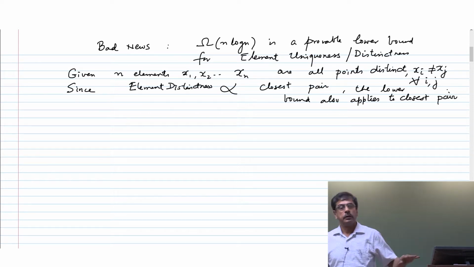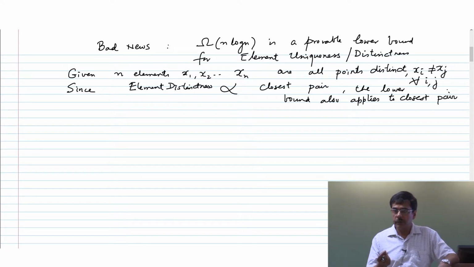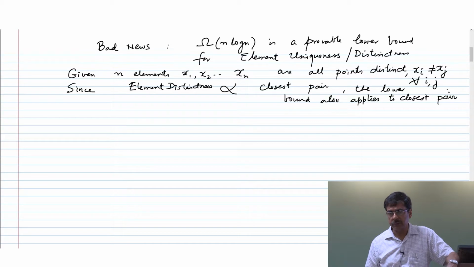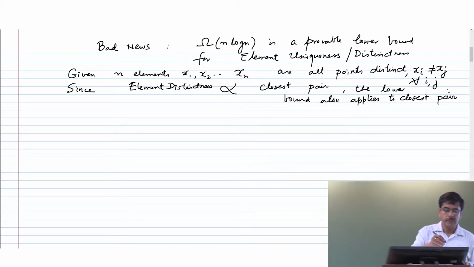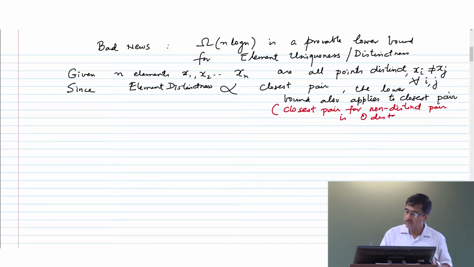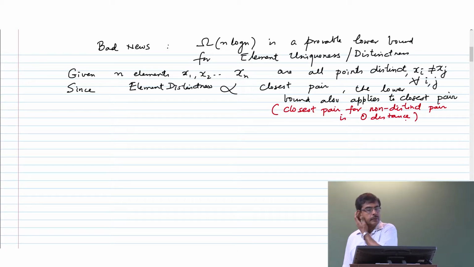I will just find out what is the closest pair, and if the closest pair distance is 0, then they are clearly not unique, and vice versa, right? So I can't do better than that.